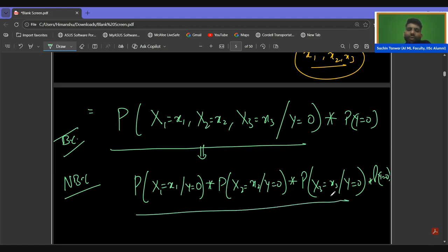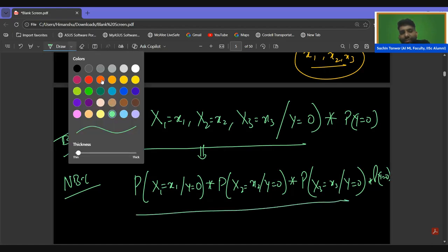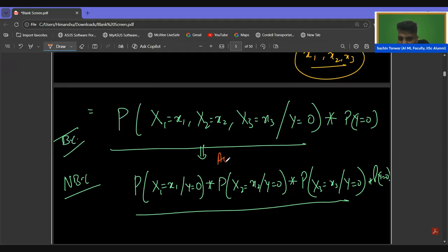What is happening over here? How do I convert my Bayes classifier to the Naive Bayes one? By the assumption of conditional independence. The assumption is that conditionally all the features are independent.